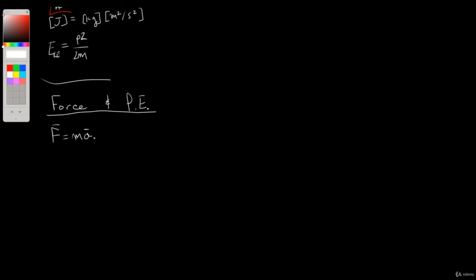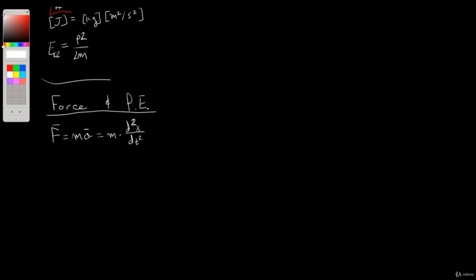And this acceleration term, of course, can be written as m times d squared x, this is along one dimension, let's say, over dt squared. So it's the second derivative of position with respect to time.